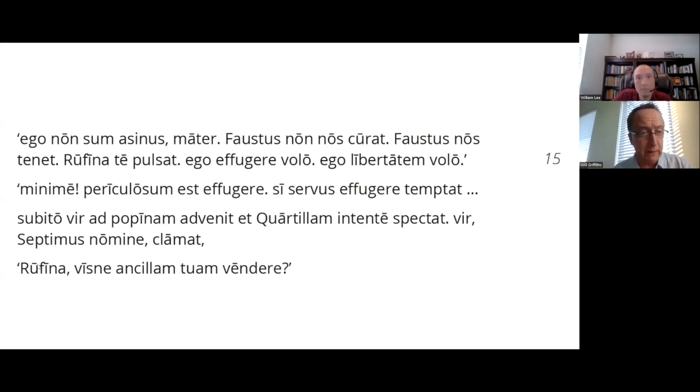Something else in that same story, just at the end, a guy turns up and he says to Rufina, do you want to sell your enslaved woman? Well, for someone like Cortilla, or Curax's mother, probably her primary fear would be getting separated.